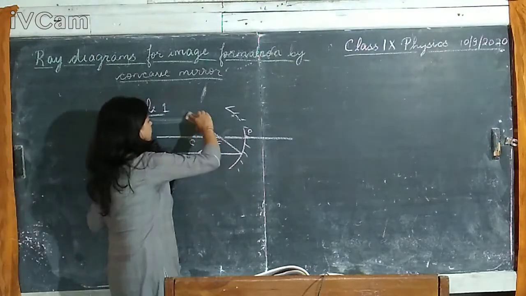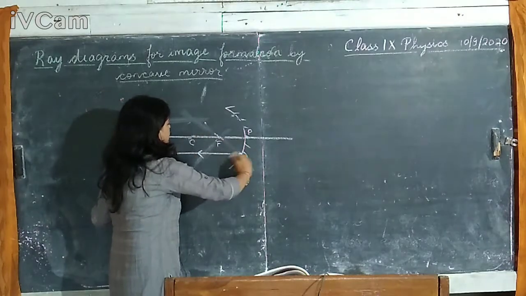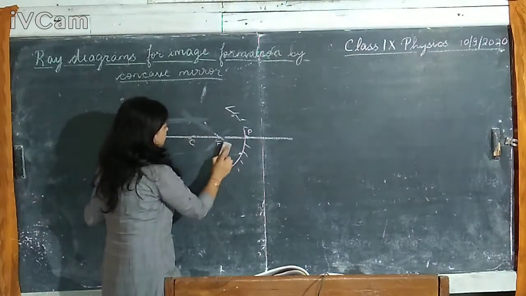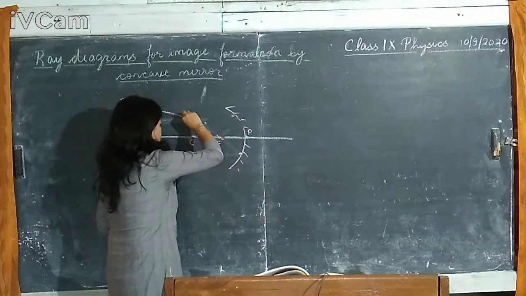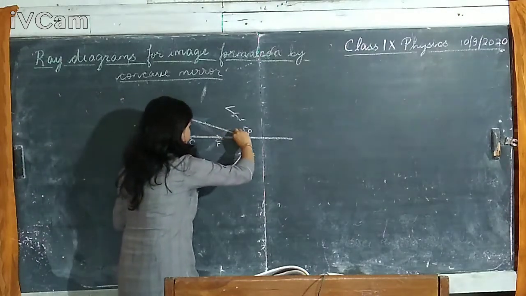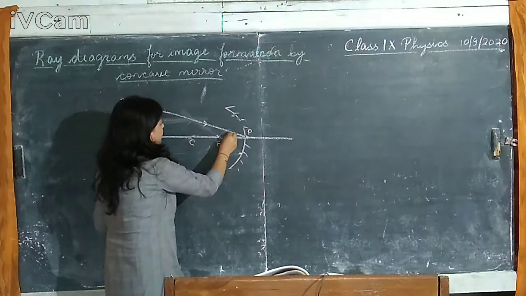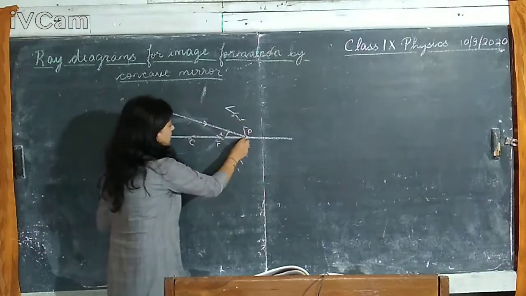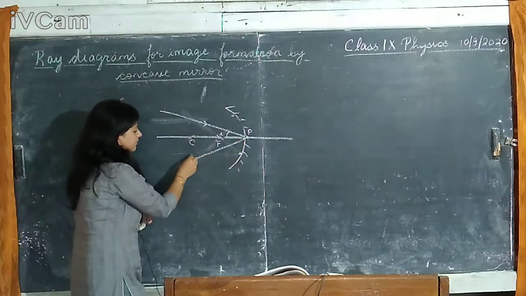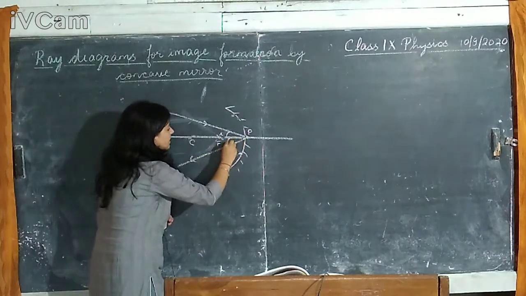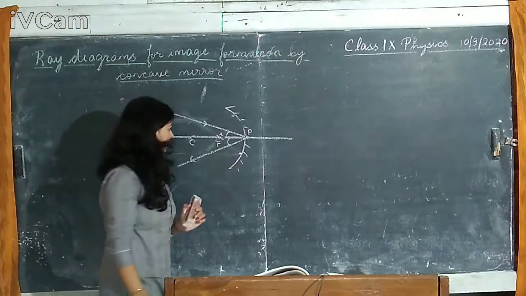Now there is one more rule, that is rule number 4. If a ray of light strikes the mirror like this, making a certain angle of incidence i at the pole, then it will come back like this, it will simply reflect, making an equal angle following the law of reflection of light.